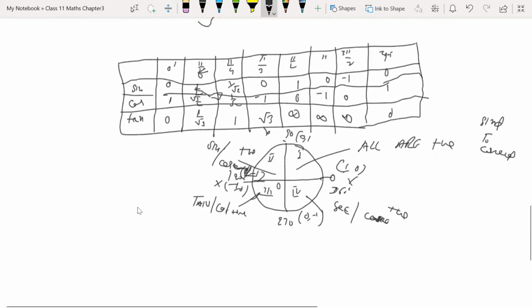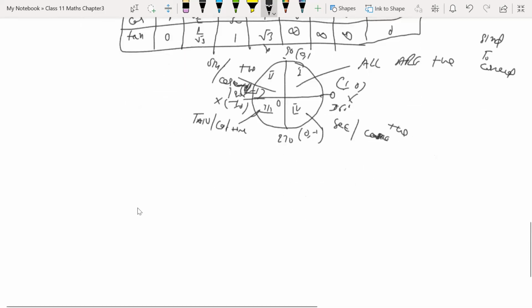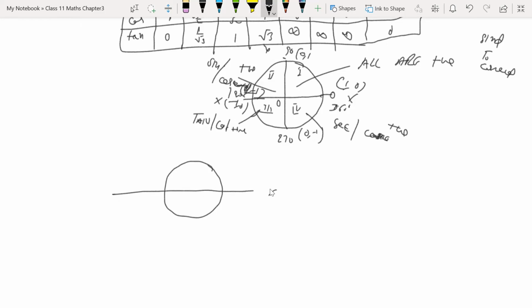Let's discuss it more: how does this become positive or negative? Let's draw a circle. This is the x-axis.